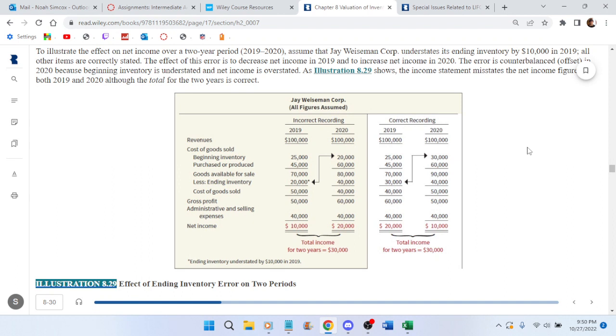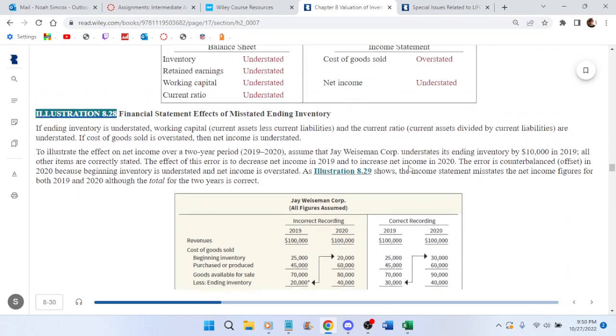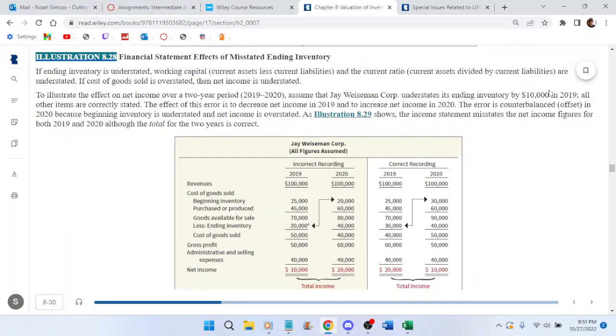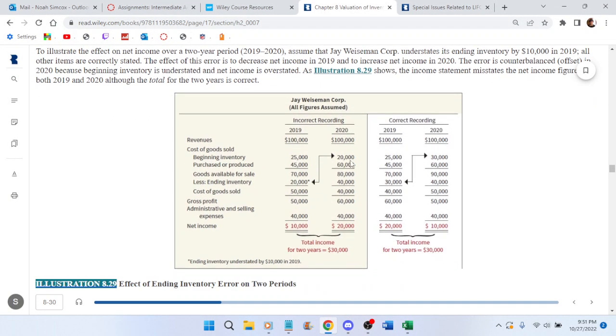Okay, they understated their inventory by $10,000. They understated their ending inventory in 2019 by $10,000.